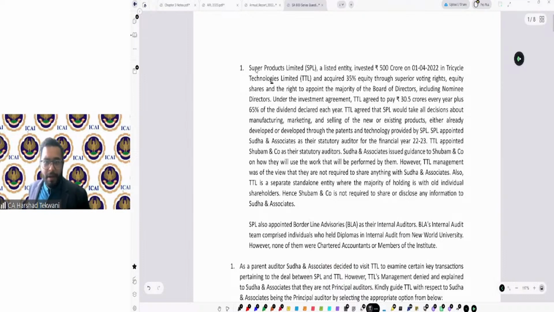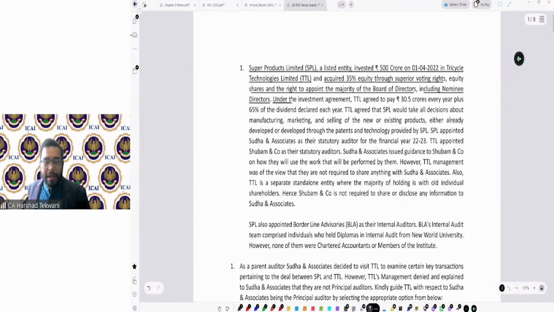Super Products Limited, a listed entity, invested 500 crore on 1/4/2022 in Tricycle Technologies Limited and acquired 35% equity through superior voting rights equity shares, and the right to appoint the majority of the board of directors, including a nominee director.